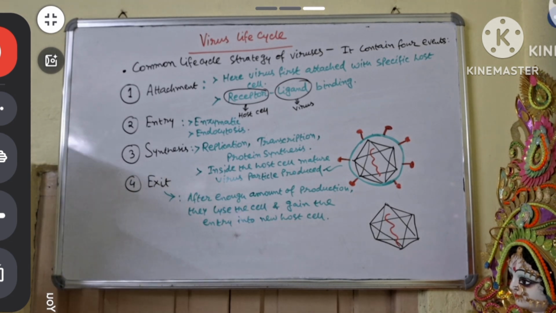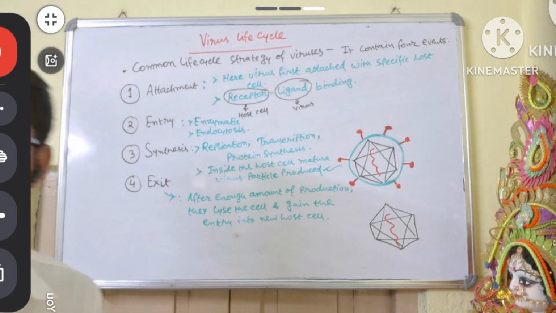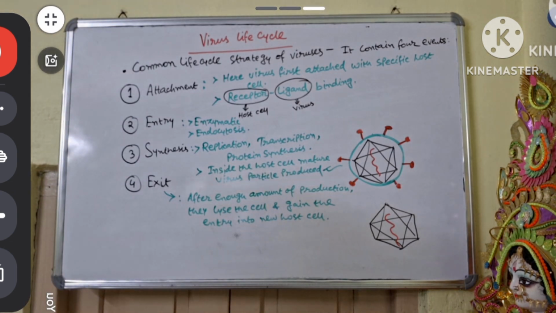So these are called attachment, entry, synthesis, exit, events of virus life cycle. Yes, AESC. Clear?